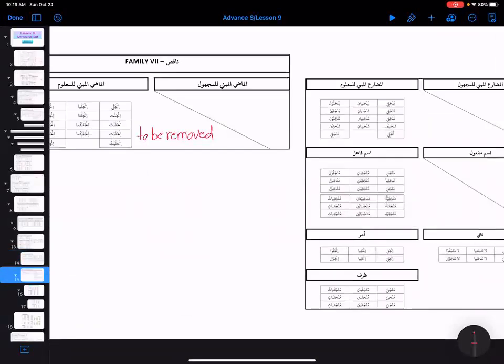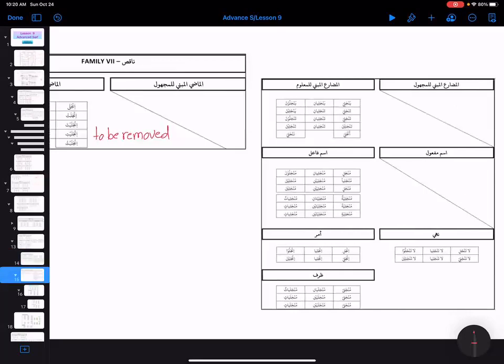And then we have family 7. The verb is injala. Injala means to be removed, right? So to be removed is telling us that this is lazim, so we don't have the passive in this family.